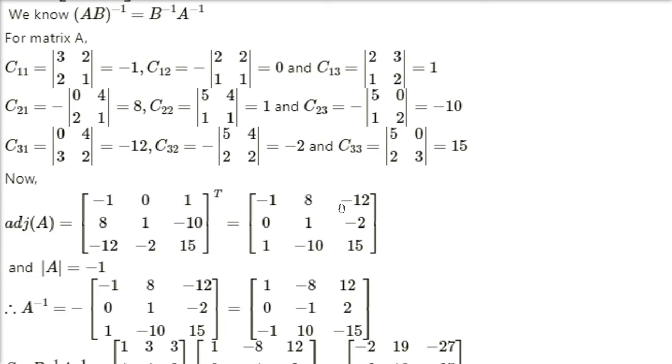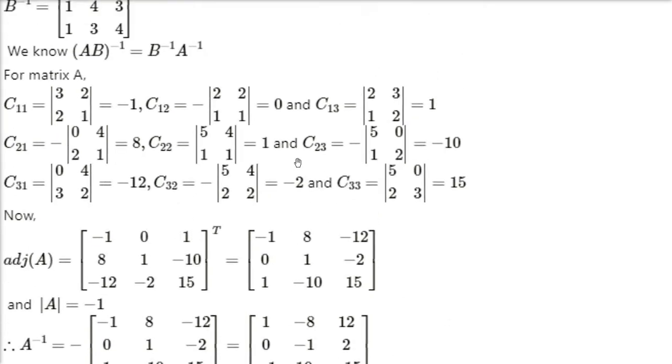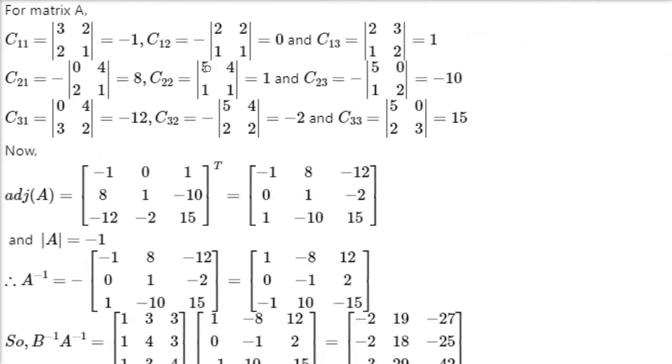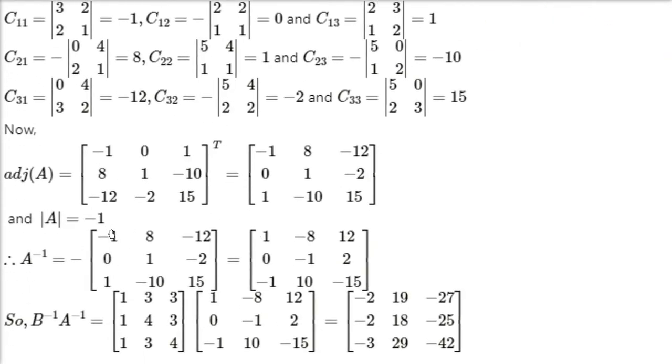When you take the transpose of the cofactor matrix, that is going to be the adjoint of A. The determinant of A, I am not doing it, but I am telling you it's going to be minus 1. And all the signs you are going to change, because division by minus 1 means the sign needs to be changed. That is going to be your A inverse.